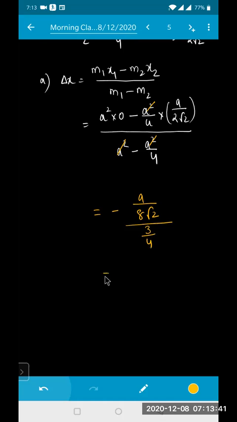So this equals minus a by 8 root 2 into 4 by 3. 4 ones are 4, 4 twos are 8, and this becomes minus a divided by 2 into 3, 6 root 2. So this is the x shift.